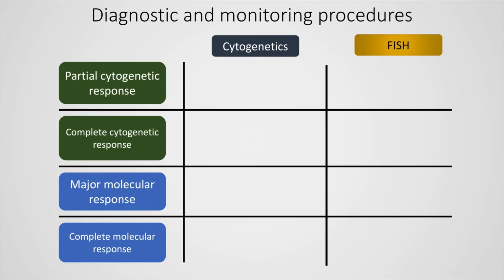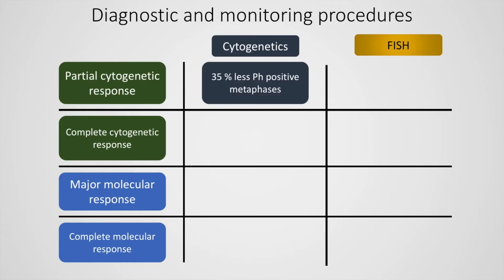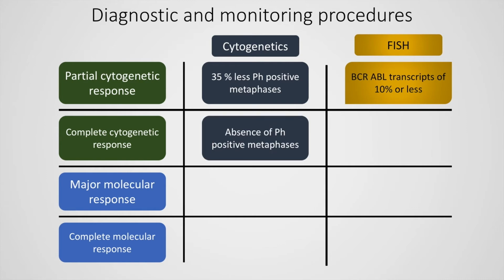A partial cytogenetic response is defined as 35% or less Philadelphia positive chromosomes at metaphase. This correlates with a BCR-ABL transcript of 10% or less. A complete cytogenetic response is defined as absent Ph positive chromosomes at metaphase, and this correlates with a BCR-ABL transcript of less than 1%.